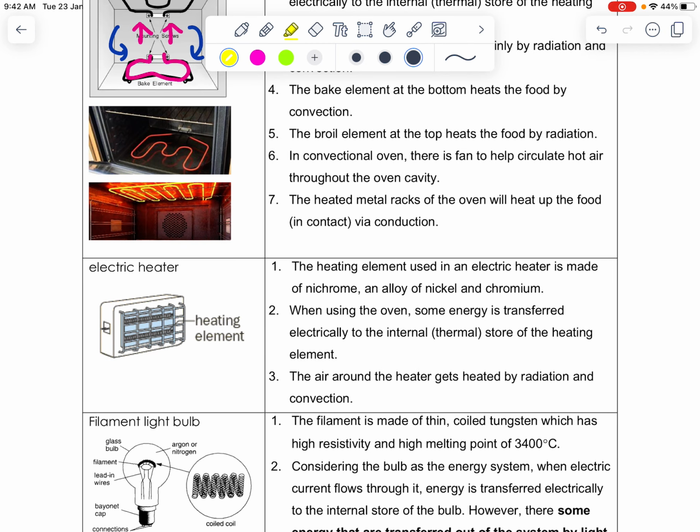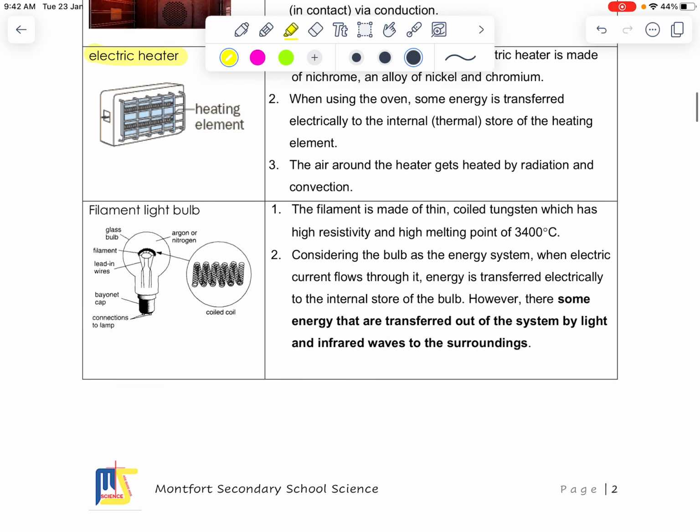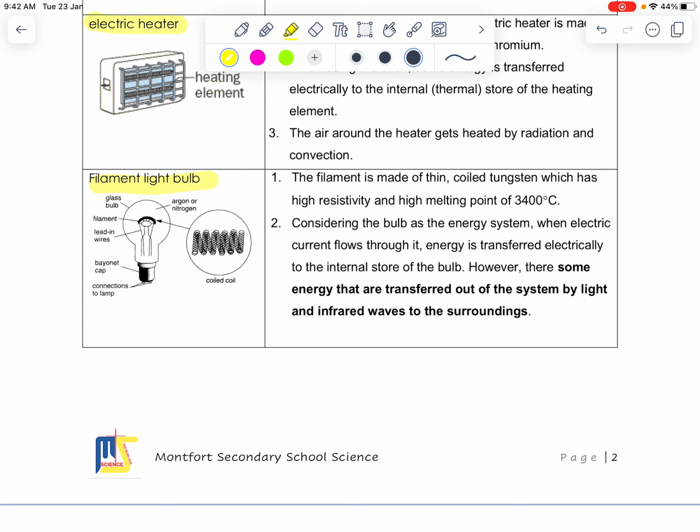Another example is electrical heaters in winter countries. We also convert electricity to thermal energy. One other example is the light bulb, where we run current through this tungsten wire. This will produce light energy as well as thermal energy in the form of infrared waves.